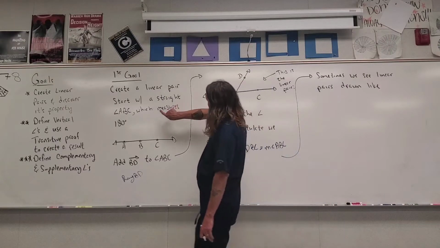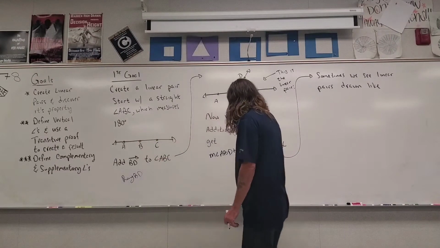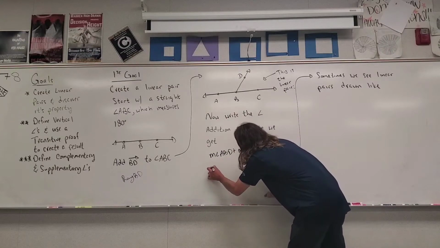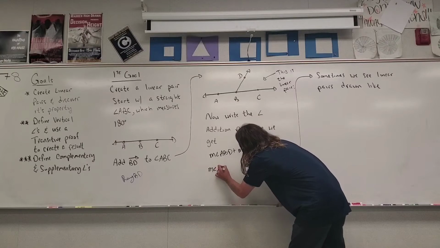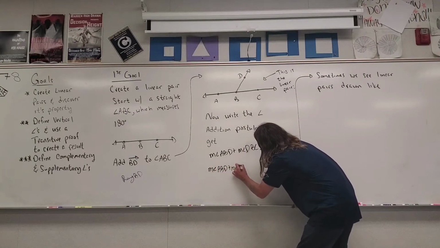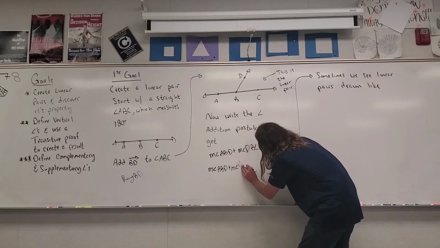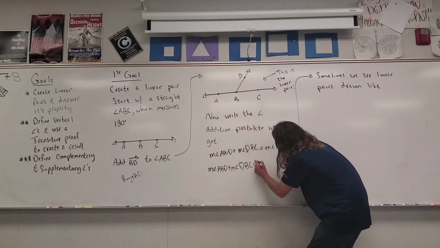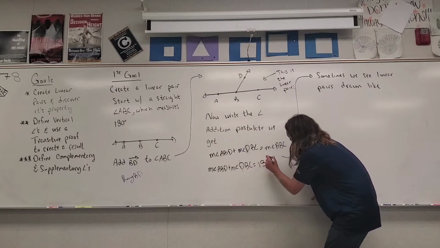It's a straight angle, which means it's 180 degrees. So my angle addition postulate is going to turn into the measure of angle ABD plus the measure of angle DBC, and that's now equal to 180 degrees.